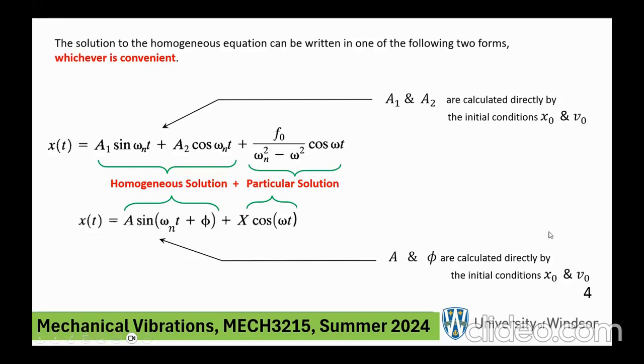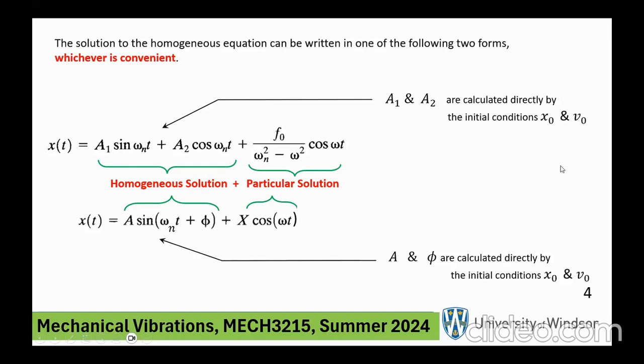Now, if you gave me x naught and v naught at a certain time, initial condition, for example at t naught equal to 0, or any other t naught as a matter of fact, but we're looking only at the case t naught equal to 0. That's why you put a 0 here.